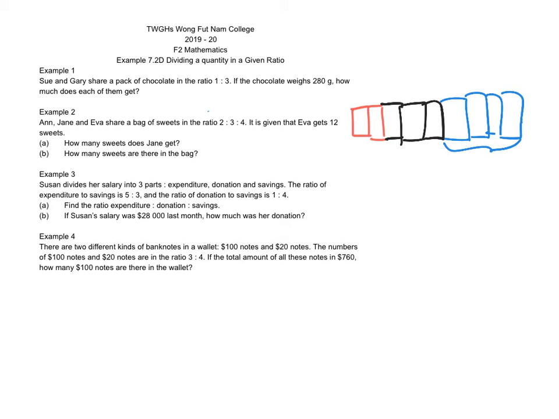Out of these 4 parts, Eva has 12 sweets. So we can find out how many sweets are in each part. 4 parts, 12 sweets. How about each part? Over 4.